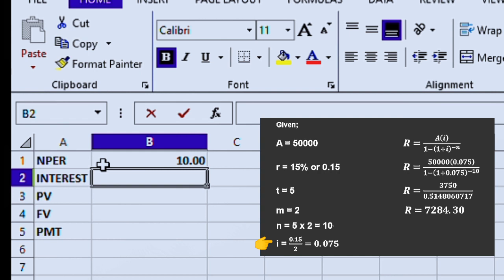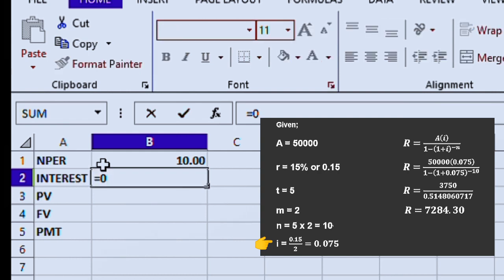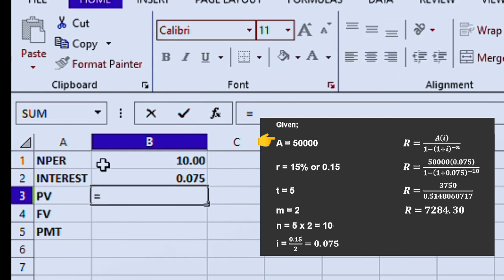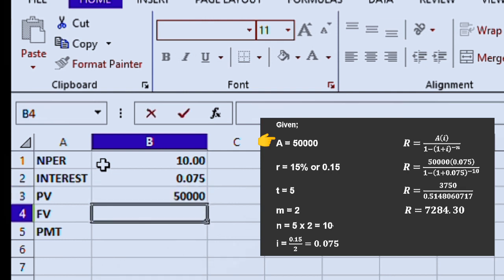Put equal sign first, then 0.075, then enter. Our present value is 50,000 based on our given. Put equal sign first, then 50,000, enter. Our future value is 0 because we don't have a future value in our given problem. Put equal sign first, then 0, enter.